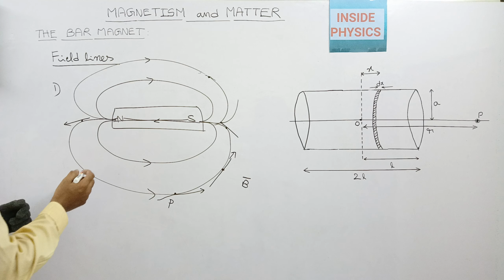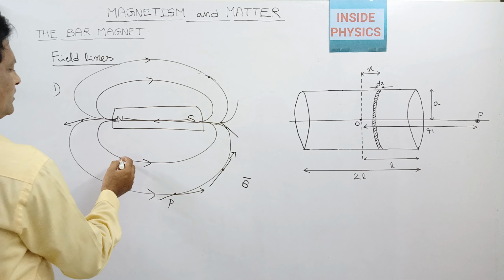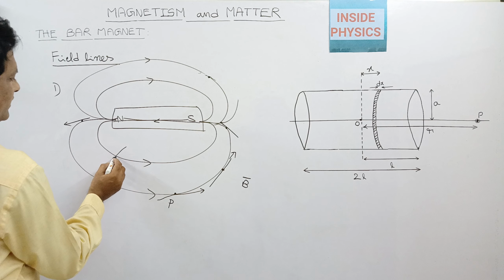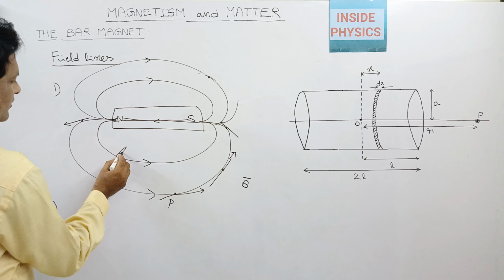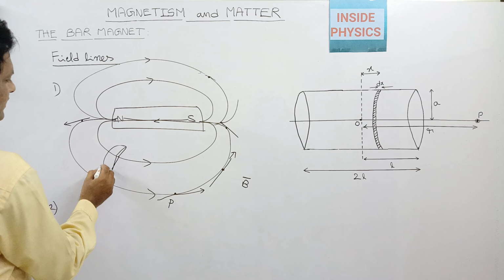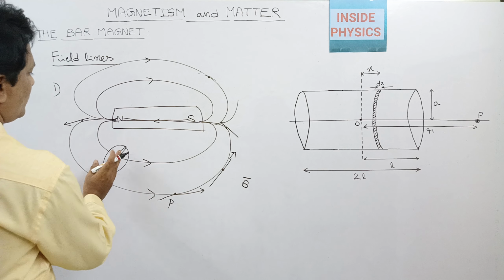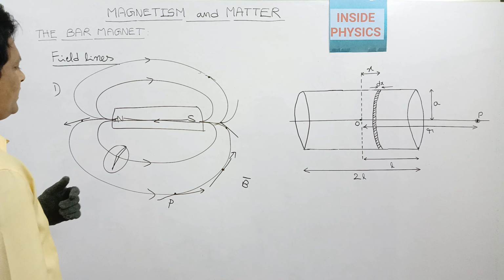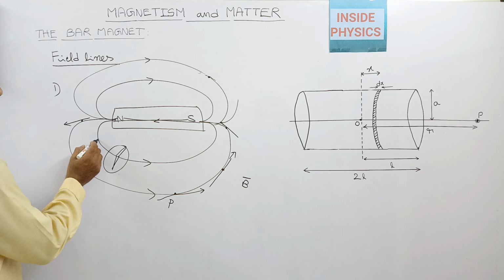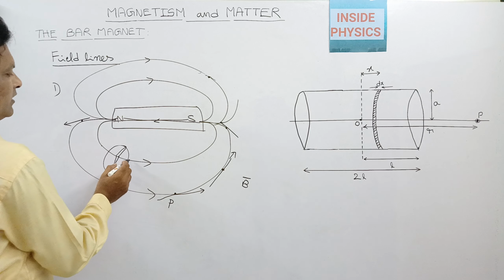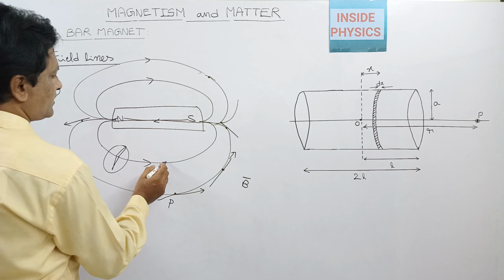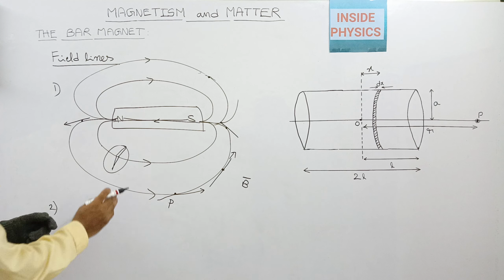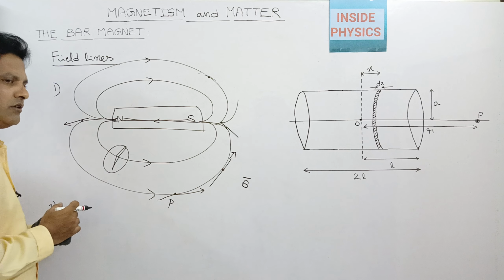Suppose you put a magnetic compass needle here, it will show some orientation because of the magnetic field generated by this bar magnet. At every successive point where you place the needle, you analyze the orientation of its north pole and south pole.